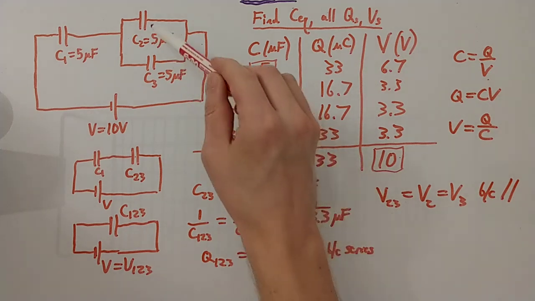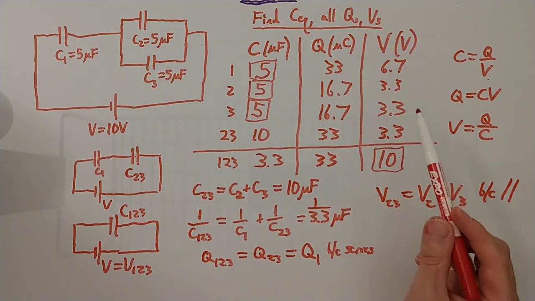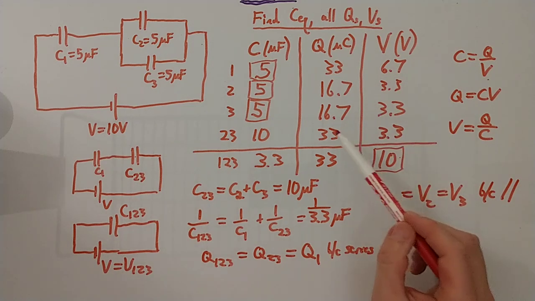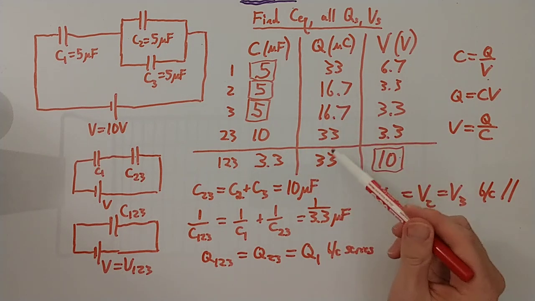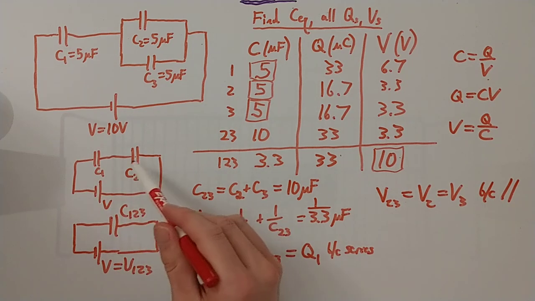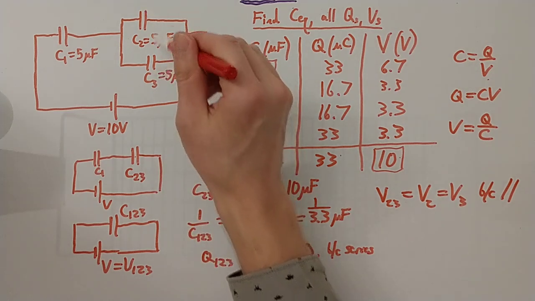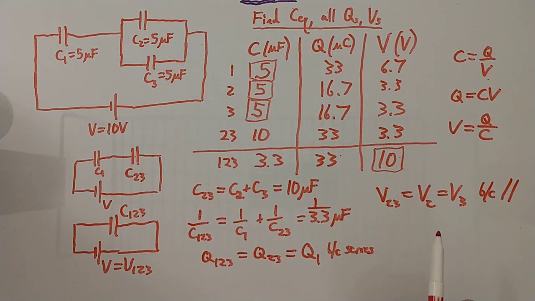If you had different values for these capacitors, that would be fine. You'd work through it the same way. The key is to always look and see what's the same between these two circuits. If it's a series circuit, the thing that's the same is charge. If it's a parallel circuit, the thing that's the same is the potential.